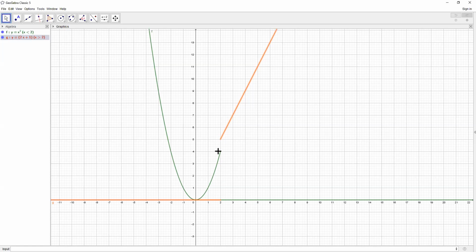It's just that the green function was taken down to 0 and continued out here, and the orange function was 0 for everything less than 2. But that's not actually part of the graph. It's just part of the way this computer is creating the graph. If I were creating it on paper, I would not have the orange part here or the green part here, and if I were coloring it, I would color it all the same color because it's really just one function.